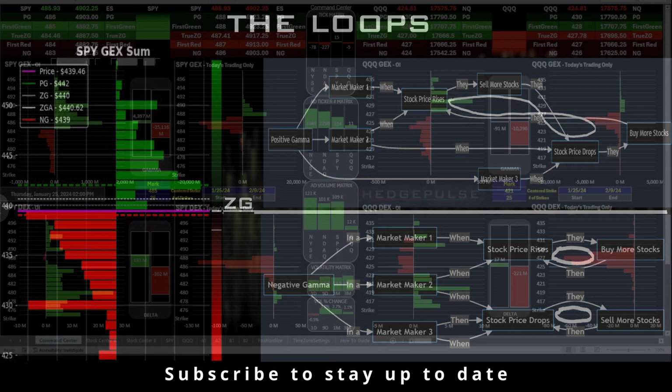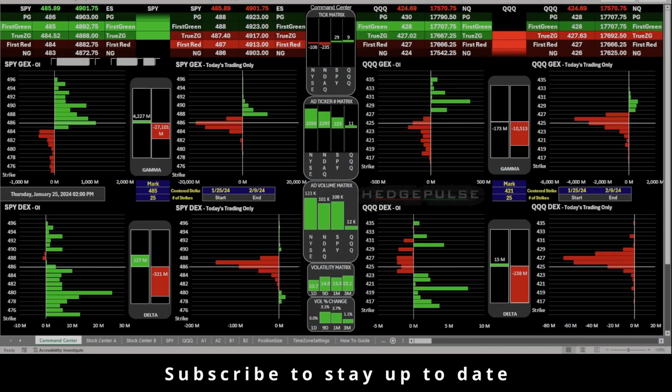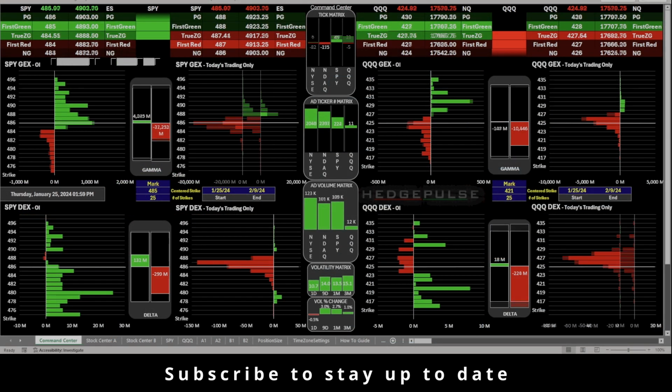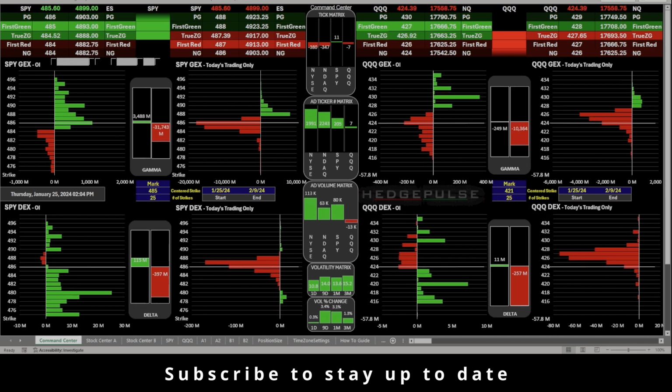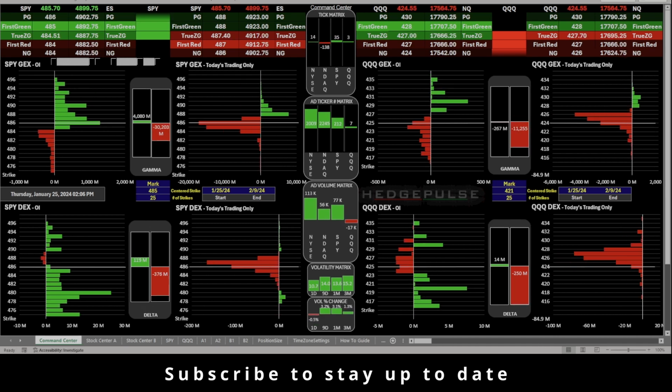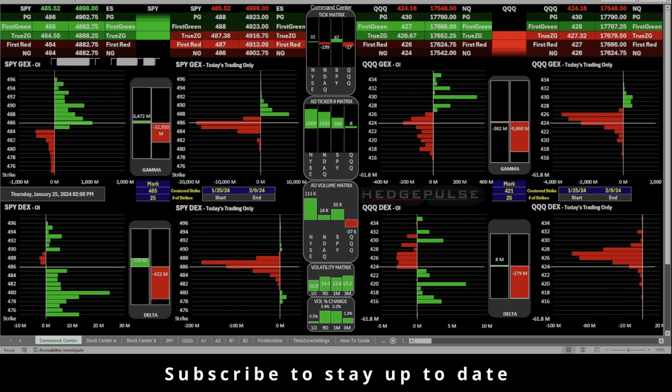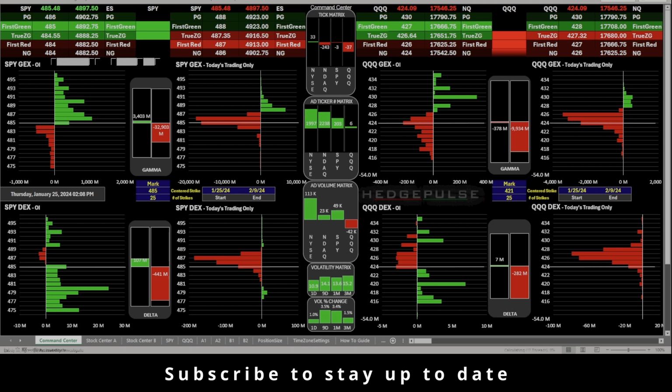They're going to have to go short to gamma hedge. So we're looking at a total of negative 10 billion gamma and almost negative 300 million delta.